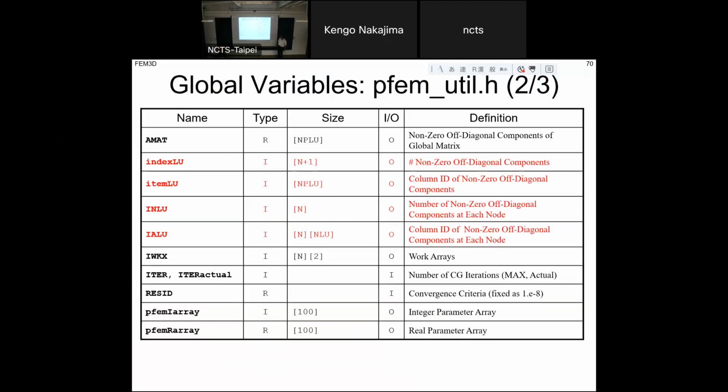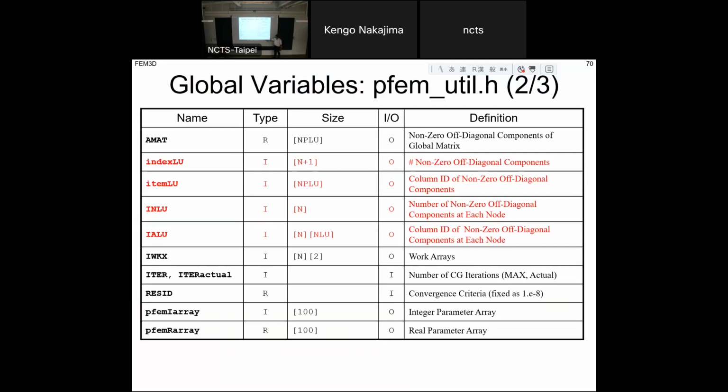And then we have new arrays INLU and IALU. Okay, so INLU is the number of non-zero off-diagonal components at each node. So this is of size n. IALU is the column ID of the non-zero off-diagonal components at each node.